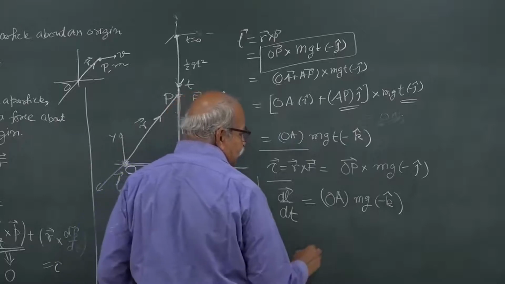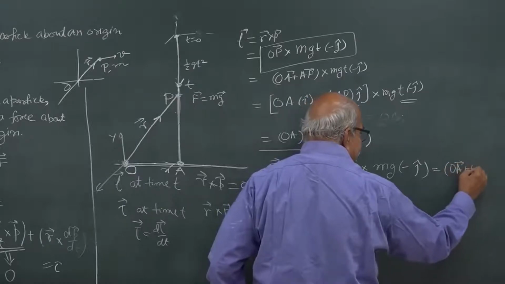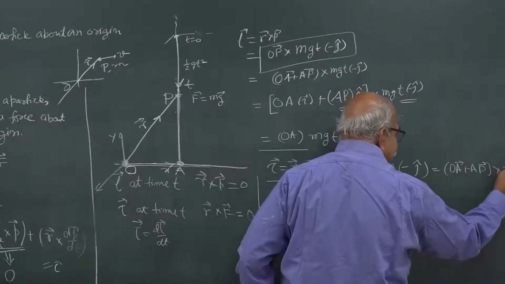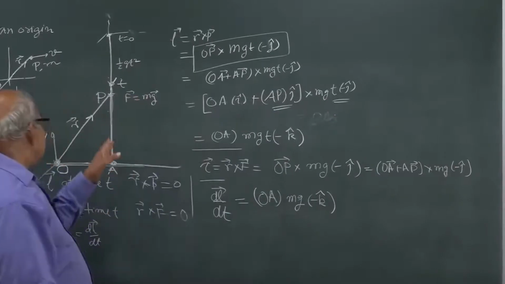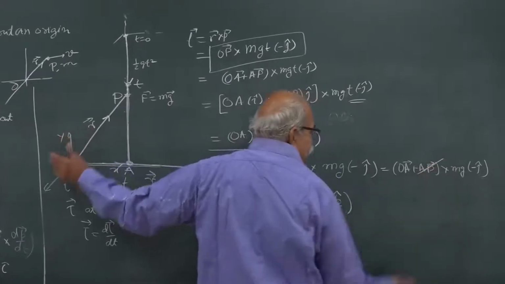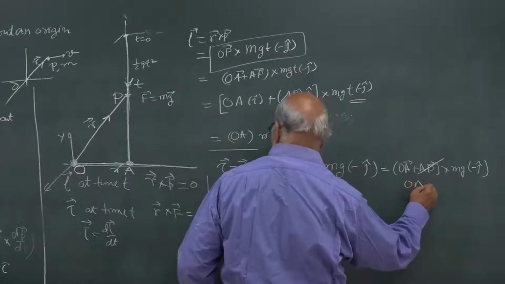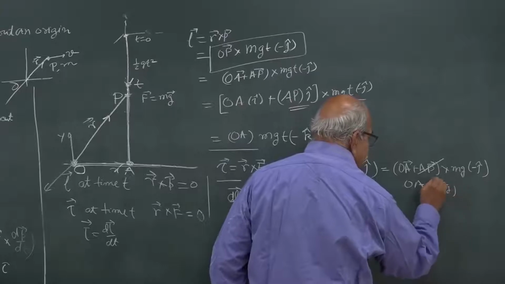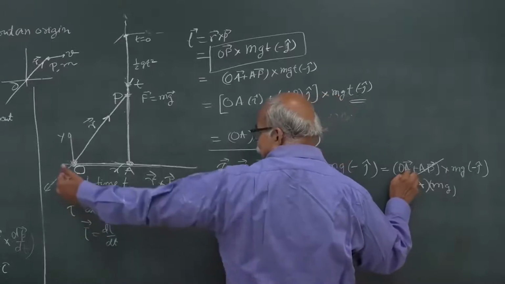And what is this? This also you can work out. This is OA plus AP and then cross mg and minus j cap. And once again AP is parallel to this y axis. So, this part will go away, and what you will have is this OA and then mg here, m into g here, OA here, and this OA is in x direction.